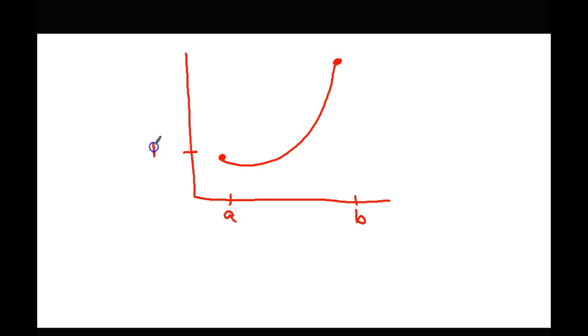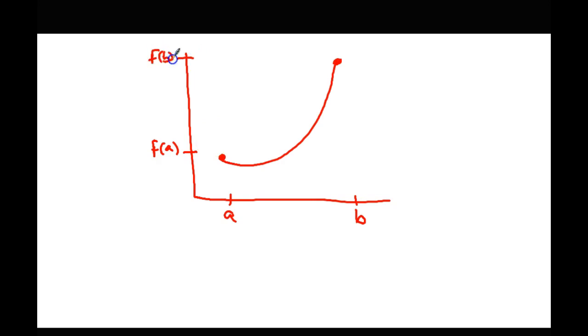Let us begin by saying I've got a graph, and I've got one x value here of a and another x value here of b. I'm going to put a point here and another point here, and I'm going to connect my dots with a curve like that. Let's say the y value that goes with the a, f of a, would be right about here, and the y value that goes with the b is going to be right about here.